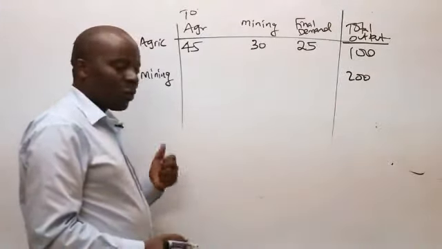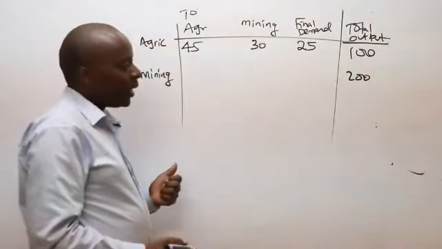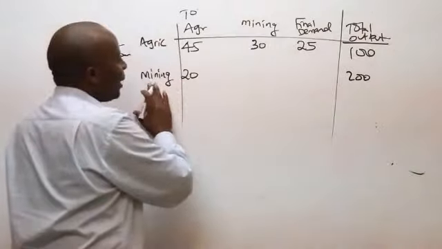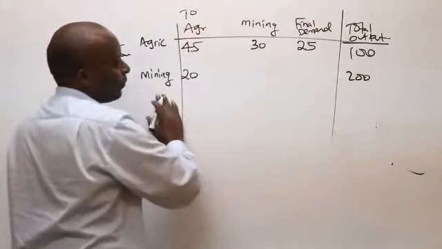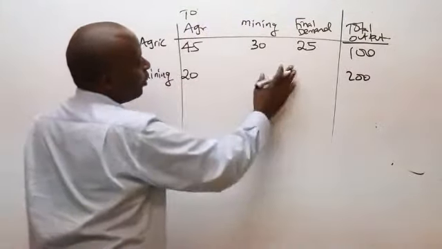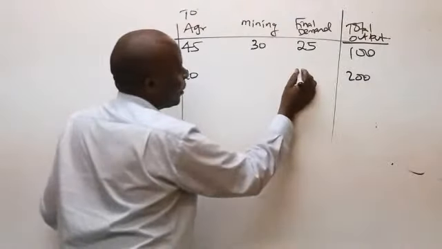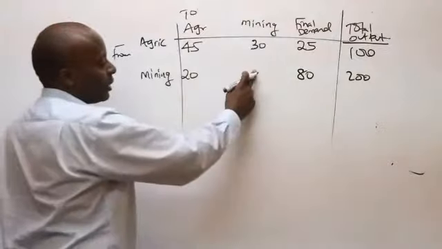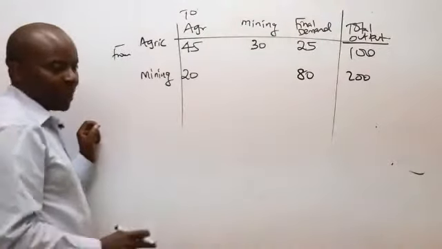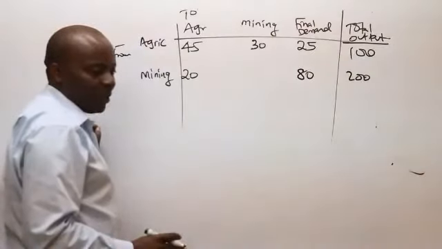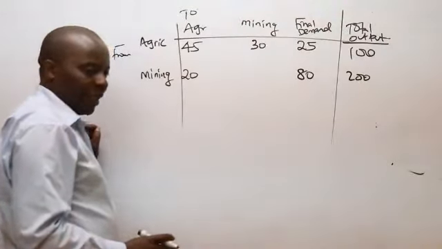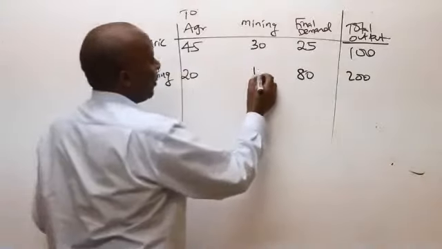We need limestone when making fertilizers, right? So for example 20 to agriculture. Mining for final consumption, perhaps 80. So how much remains for mining alone? The balancing figure for mining. Thank you very much.